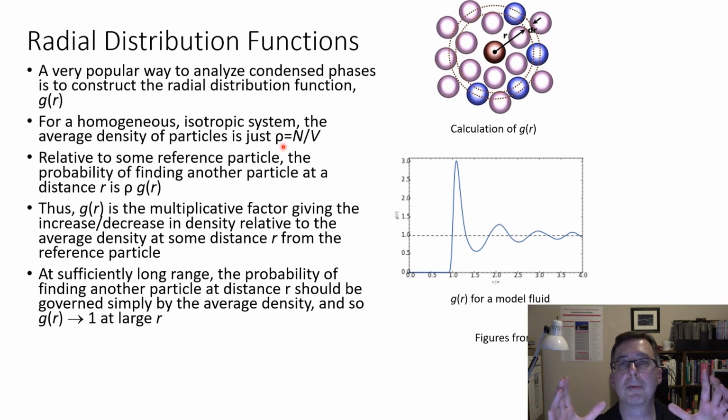It's the same if it's isotropic and homogeneous. And so there, the density is just the number of particles divided by the volume. And that gives me a kind of baseline of what I would expect.